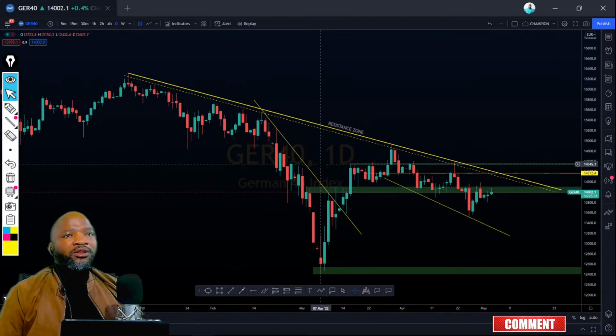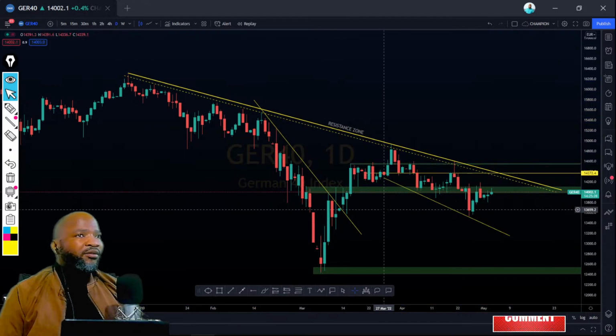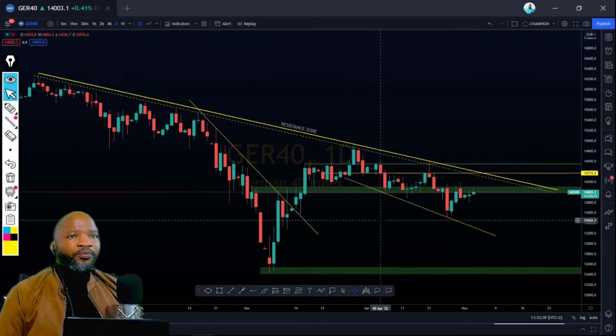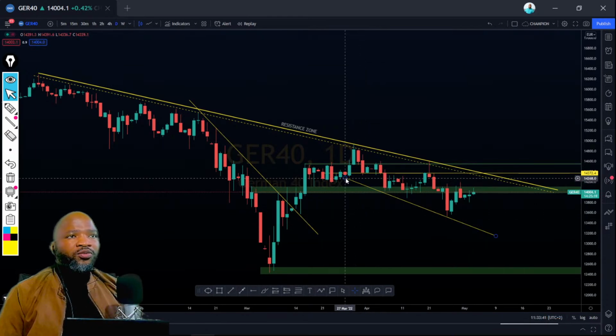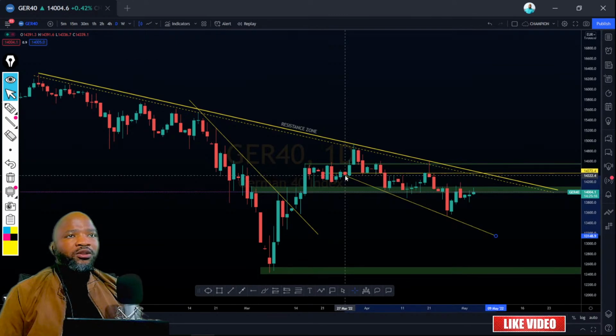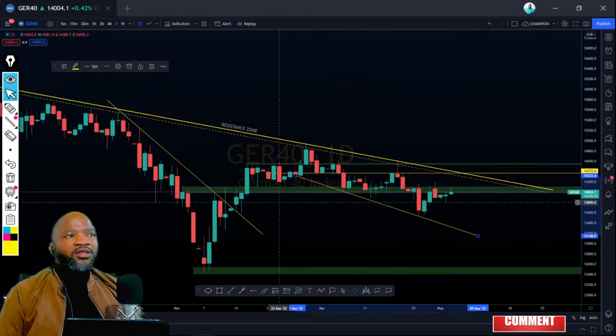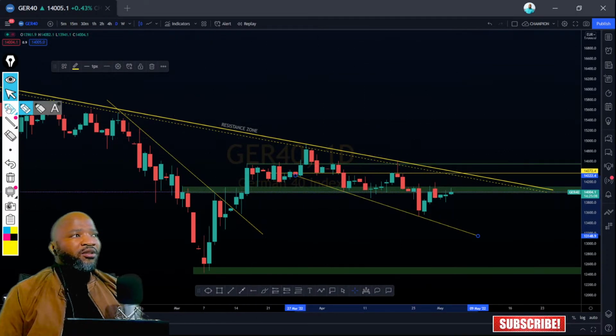When it crosses the dotted line, it's still in the zone. When it breaks the solid line, that's when we say the price is breaking through. You can see that we are pushing towards the downside, but the price previously respected this level around here.